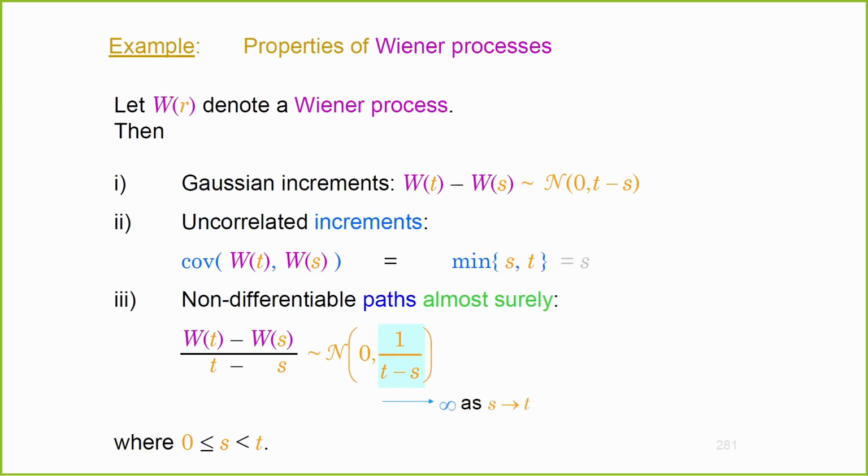So as the sampling points are getting closer to each other, the variance of this expression is going to diverge. And since the variance diverges, this indicates that the process is not differentiable, because if it was, then at least the variance would not diverge, but it does, and that is the reason why.